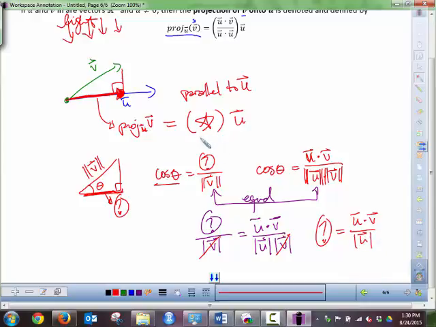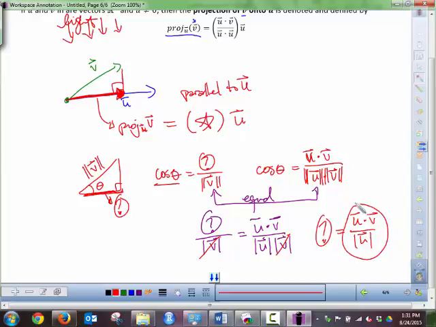So that's what should go in the star, because we're looking for the length of this, right? And this is the length. Should that go in the star? Is that what goes in here? Wait, that looks different.